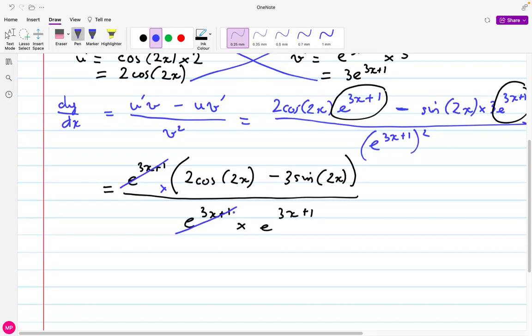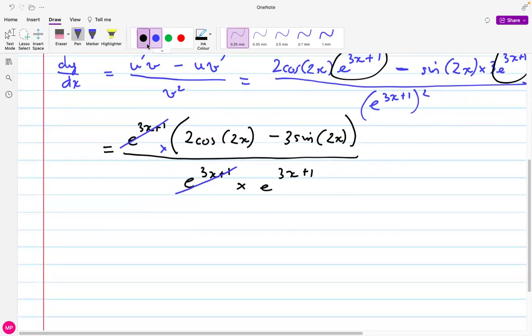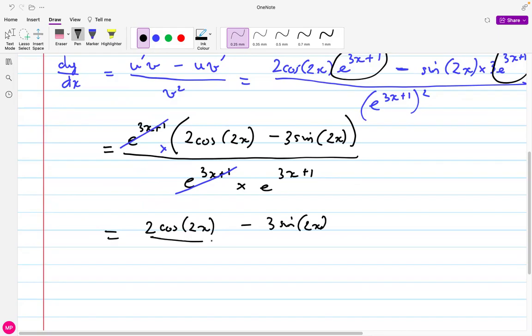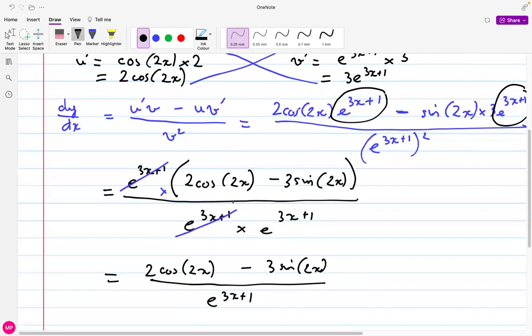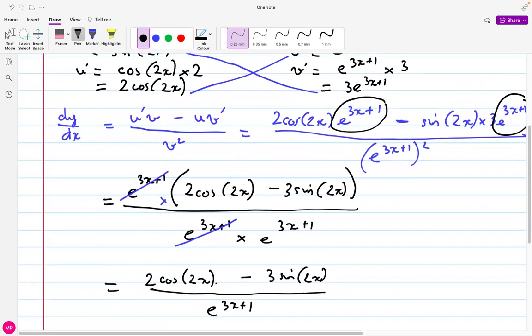So e to the power of 3x plus 1 is gone now. What I'm left with is 2 cos of 2x minus 3 sin of 2x, over e to the power of 3x plus 1, and then I'm done. So the whole process is simplified and factorized to get the nicest answer possible.